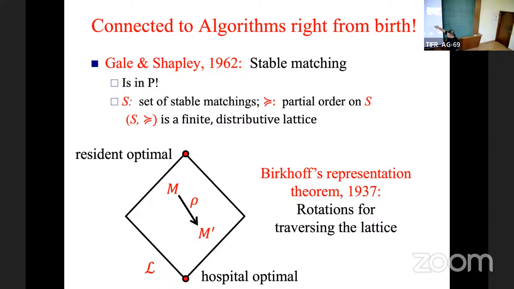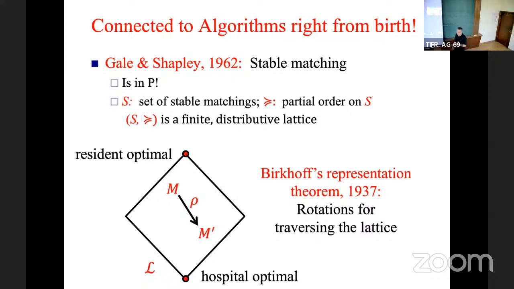In going from one stable matching to another, you apply a certain rotation. You need only n squared rotations at most to get this representation. The representation is very succinct, even though the lattice may be exponentially large. And using these rotations and the partial order defined here, you can traverse this lattice from the top to the bottom, or anywhere to anywhere. Everything is polynomial time.